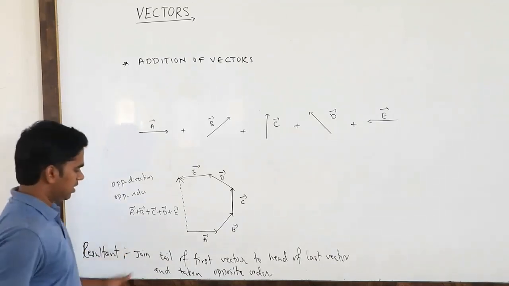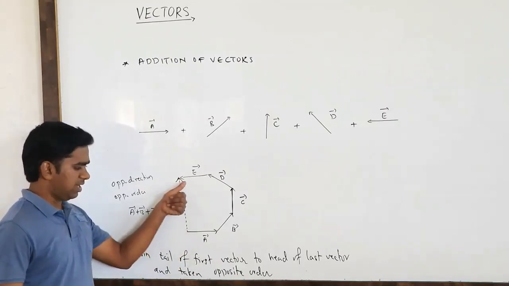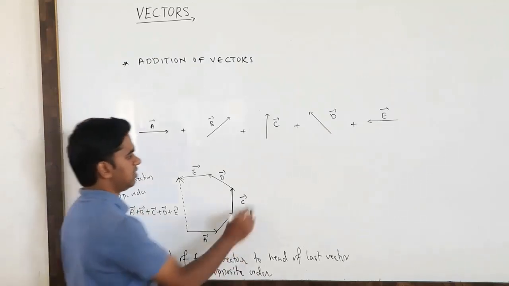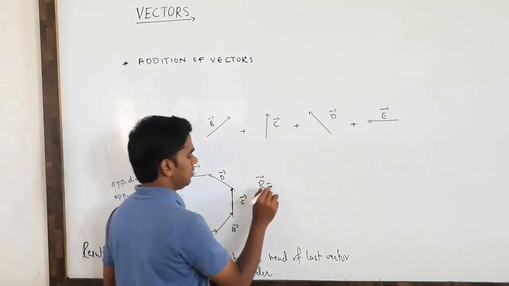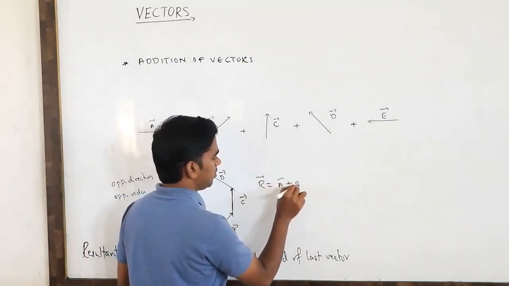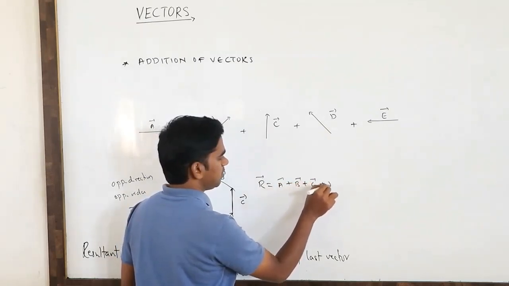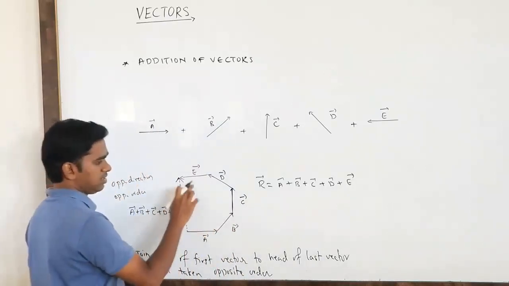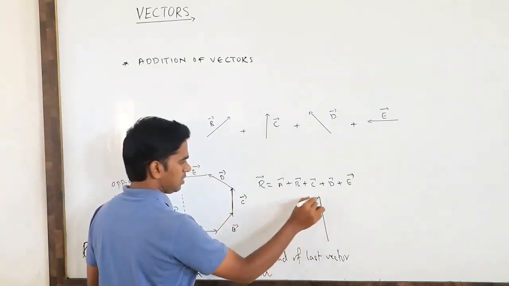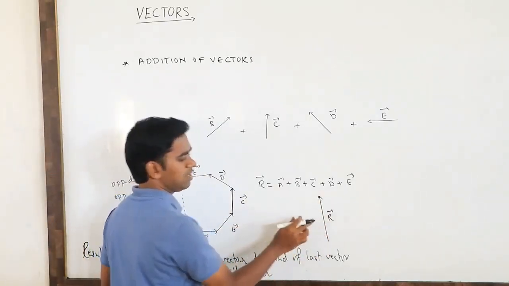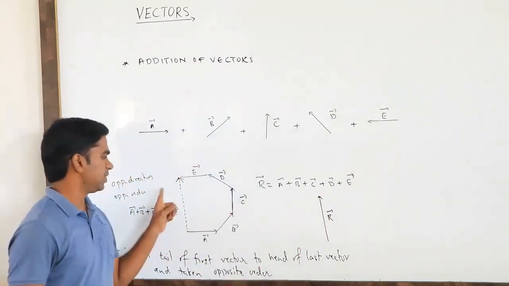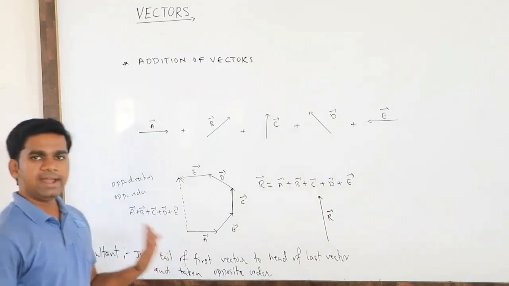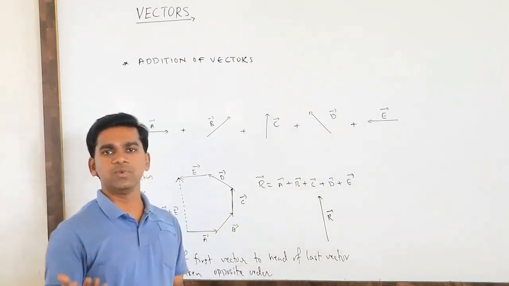This is what we have done: joining the tail of the first vector to the head of the last vector and taking it in opposite order gives the resultant. So the resultant equals vector A plus vector B plus vector C plus vector D plus vector E. This is the resultant as it is. This is how we can add vectors when there are more than two or three vectors.